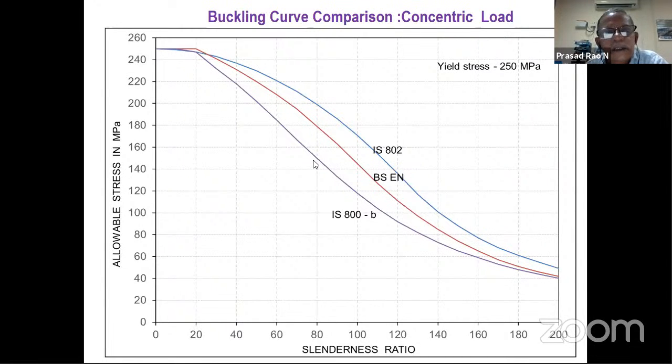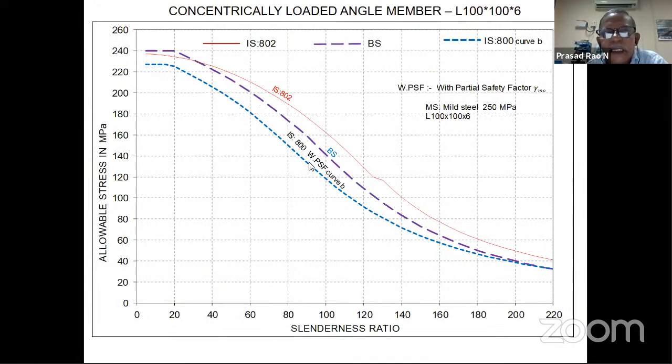This is a similar curve for IS 800 without partial safety factor, and with partial safety factor, curve B. See, this is the difference. That's why industry is not coming to IS 800. For different sections, 100 by 6, 100 by 8, what will happen for IS 802, IS 800 and BS codes? The BS code is the blue color, which is intermediate, and the black color is IS 800. So much difference is there.